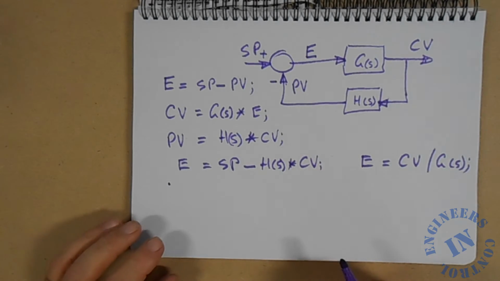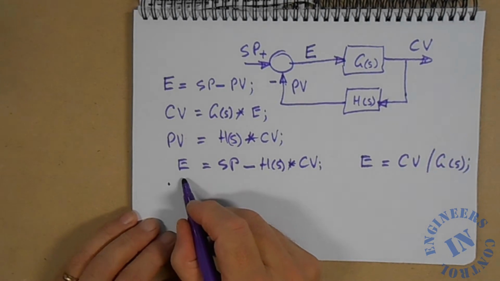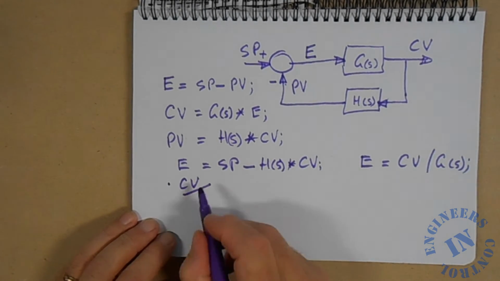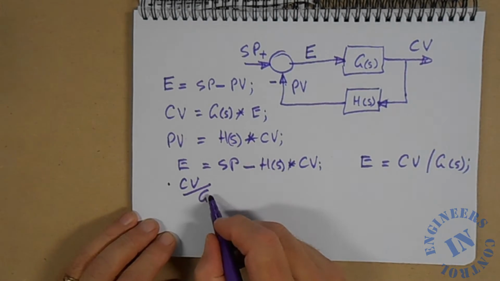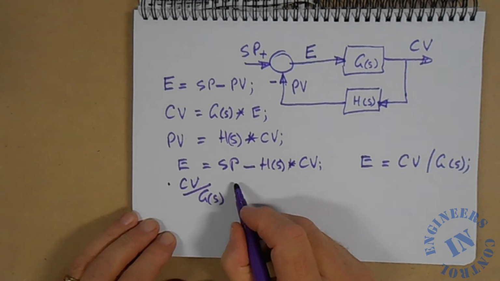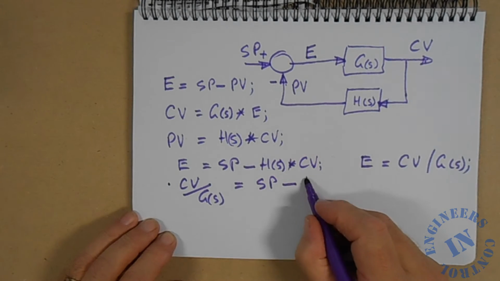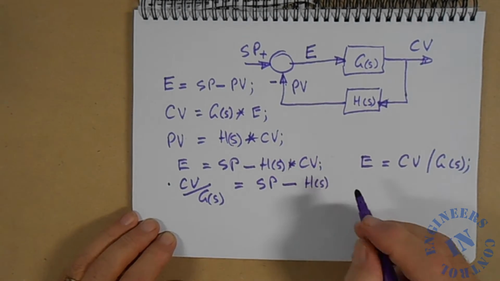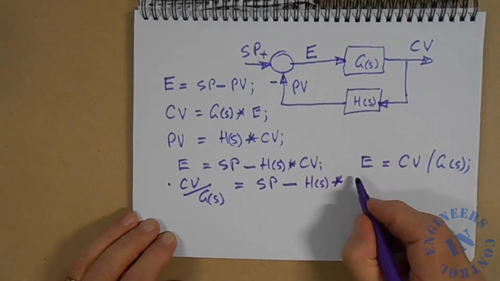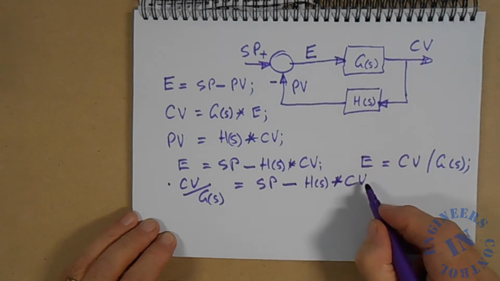So if we work through the maths, we get CV over G(S) equals set point minus H(S) multiplied by CV.